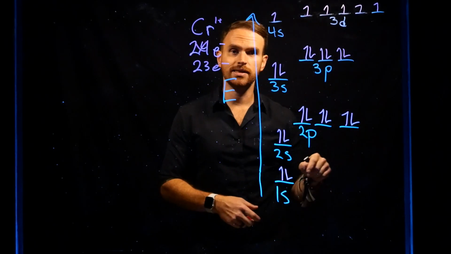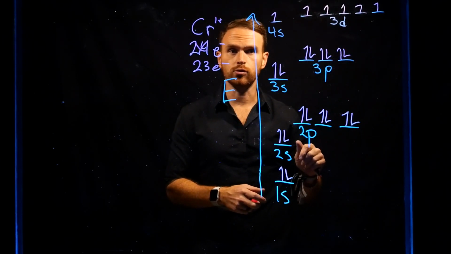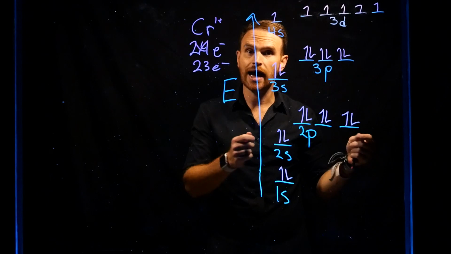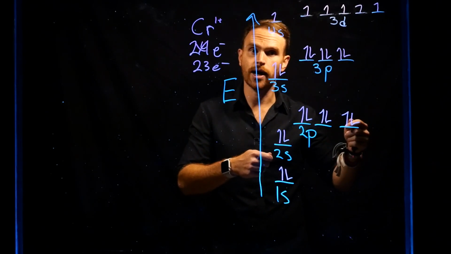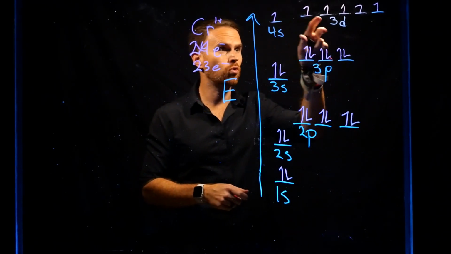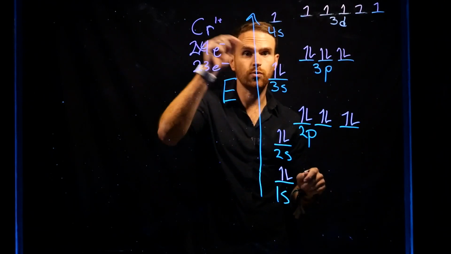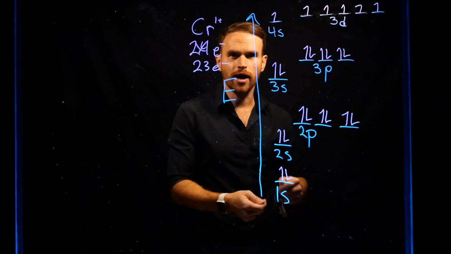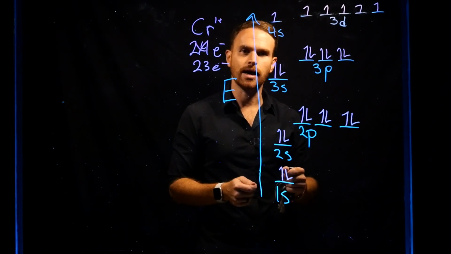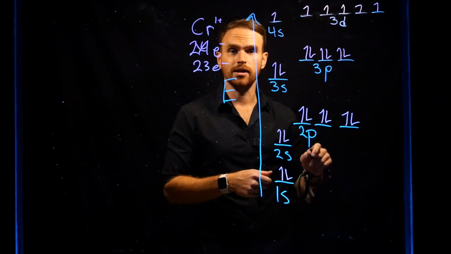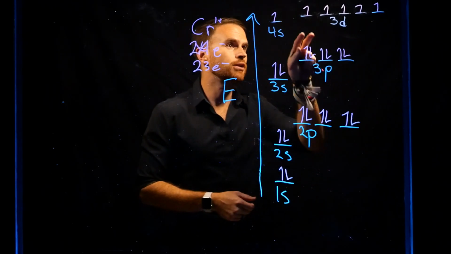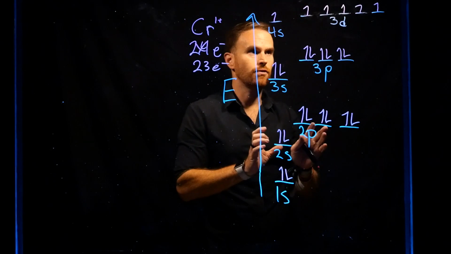Because all 5 of the 3d orbitals have a single electron going in the same direction, we need to consider which orbital is going to be easiest to remove an electron from, or ionize. Now in our class, we're going to do some calculations that allow you to see which one of these electrons would be the first to be removed upon ionization. But you can think about it just from a qualitative approach.